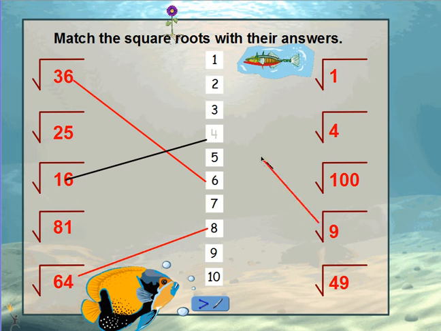The square root of 9 is 3, because 3 times 3 is 9. What do y'all think the square root of 81 is? Well, the square root of 81 is going to be 9, because 9 times 9 is 81.